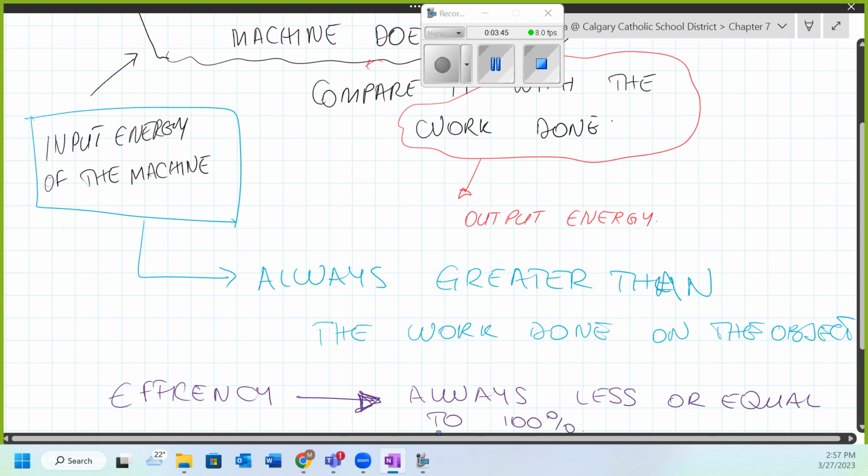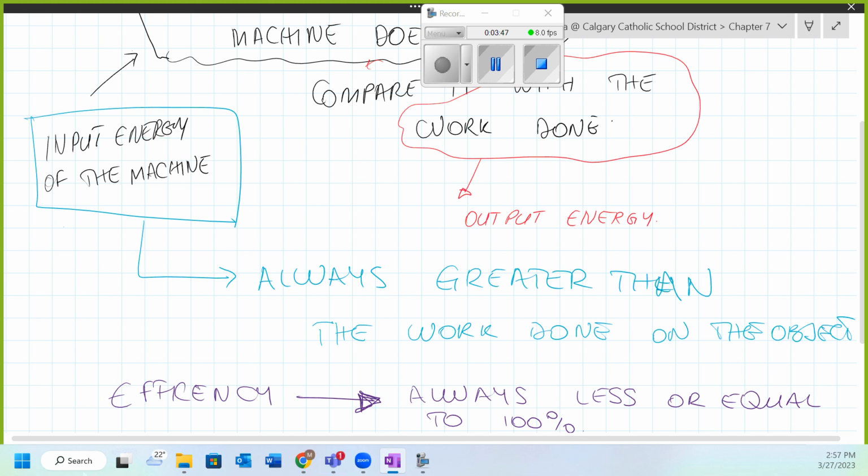It's always less than or equal to 100%. Now, a machine that has 100% efficiency is never the case. It exists only in theory, not in practice. Practically, it doesn't exist.